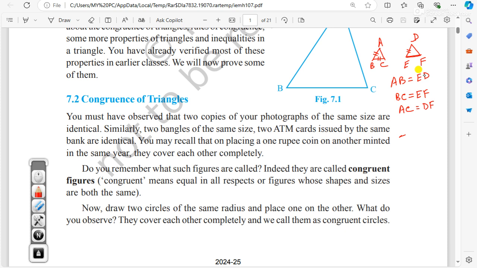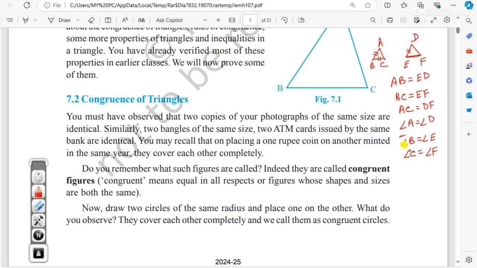That means corresponding sides are equal. Not only that, angle A is equal to angle D. This is the corresponding angle. Angle B is equal to angle E. Angle C is equal to angle F. Then we can say that both the triangles are congruent to each other.